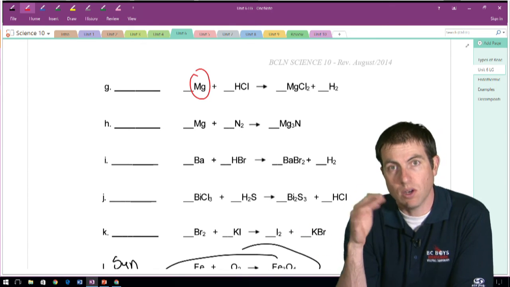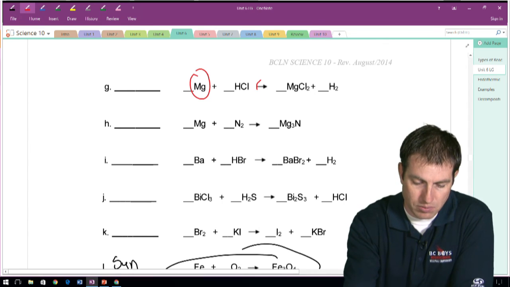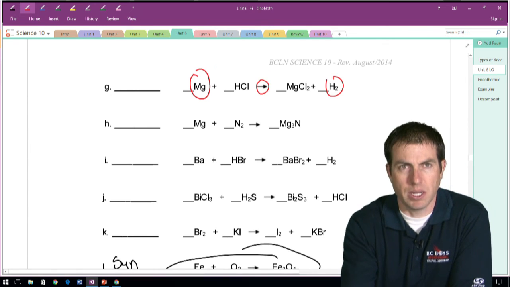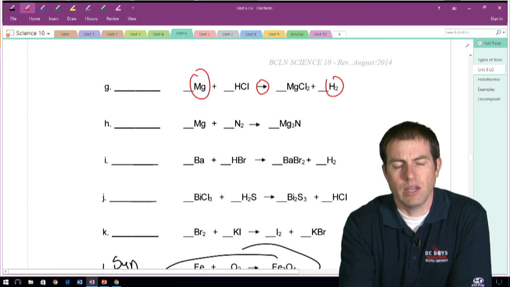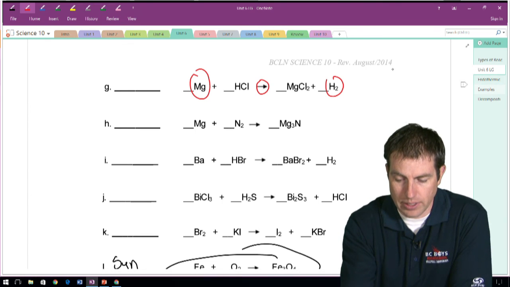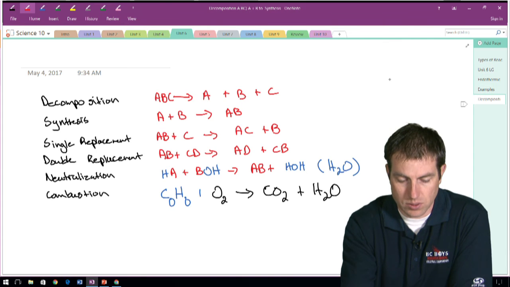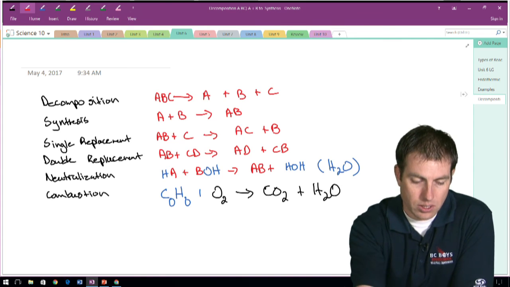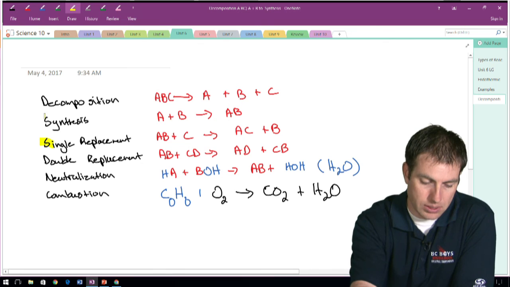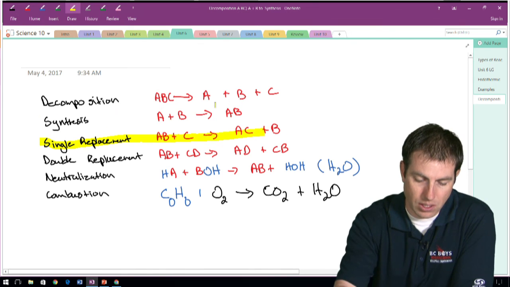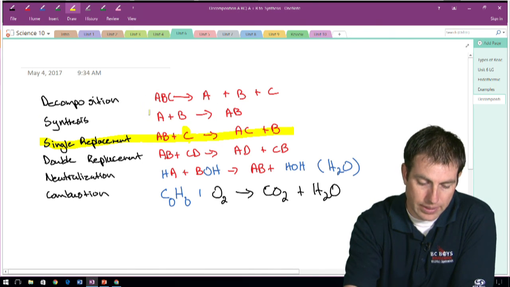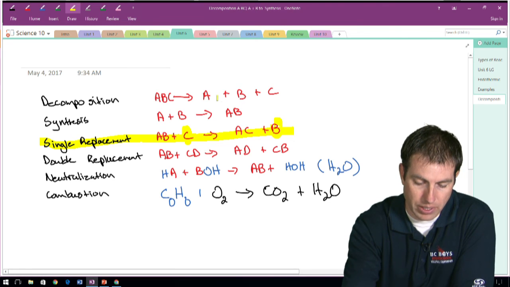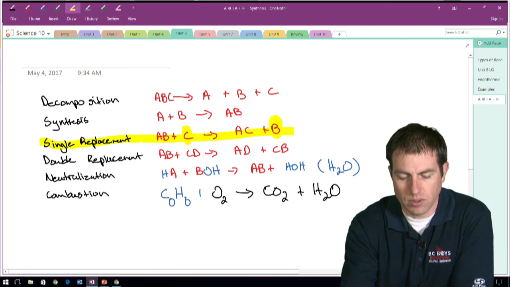And then I notice on the product side, on the other side of my arrow here, I have another element by itself. So if I go back to my general forms of reactions, it's looking like a single replacement reaction because I'm starting with a compound and then something by itself, and I'm ending with a compound and something by itself.